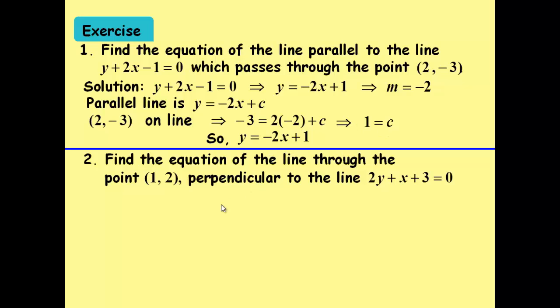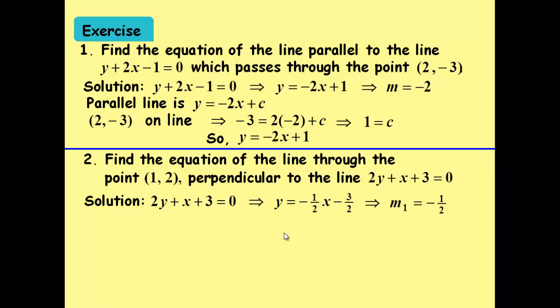Okay, the second solution, well, this time we've got a perpendicular line. We have a similar problem in that we need to rearrange the equation. We end up with this equation here, giving us a gradient of -1/2, which sounds awkward, but actually, as it's a perpendicular line we're looking at, we want the negative reciprocal of -1/2. In other words, we want -1 over -1/2, which is 2.